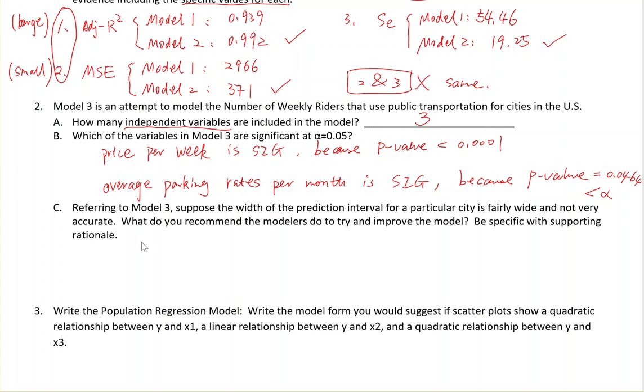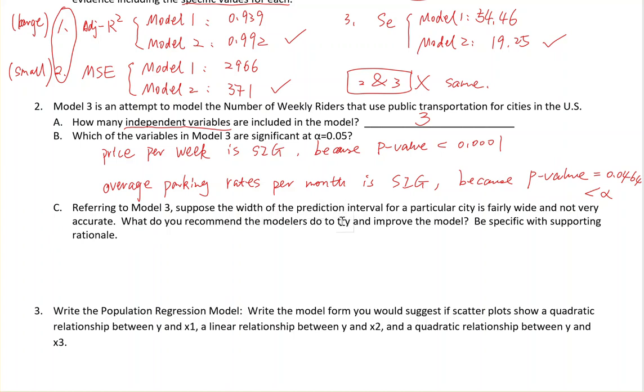You can think about anything, right? I do not limit the answers to just 1 or 2, as long as you can think of them. So let's understand this question. It says, suppose the width of the prediction interval for a particular city is fairly wide and not accurate. So what does that mean?